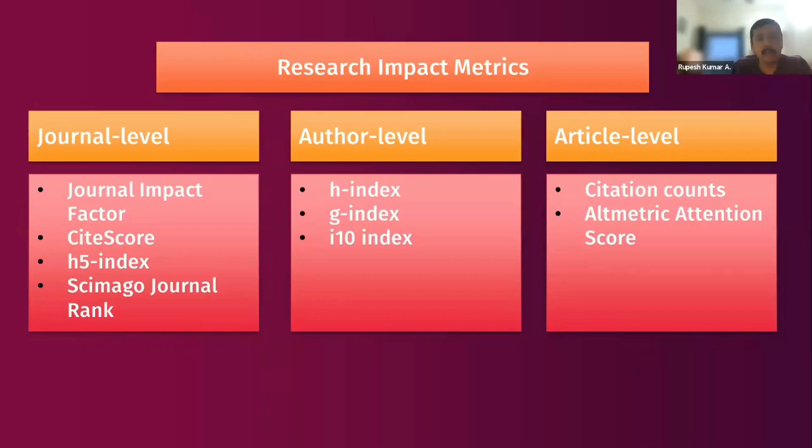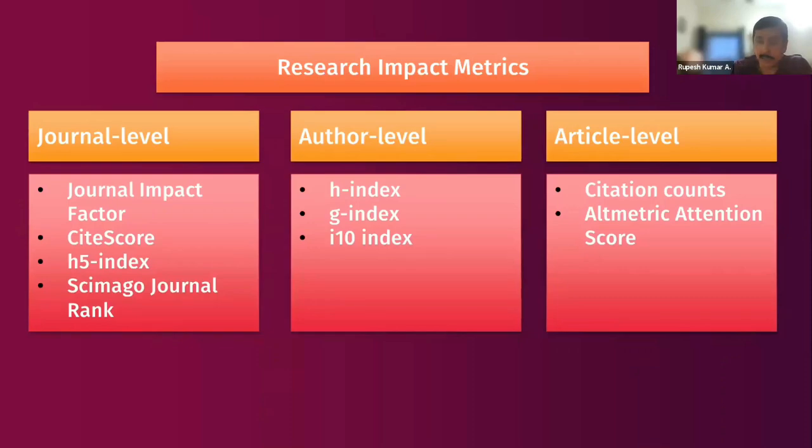At the author level, we have three important metrics: H index, G index, and I10 index. And at the article level, of course, the most widely used metric is citation counts, the number of citations received by articles.